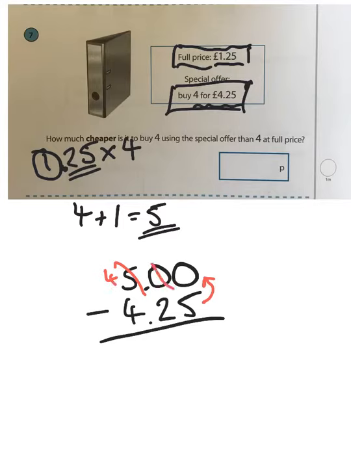You're going to have to borrow from there to there, and from there to there. 10 take away 5. 9 take away 2. 4 take away 4. The answer? 75p or £0.75, but it's asking for it in p, so we've got to give it to them in p, and the answer is 75p.